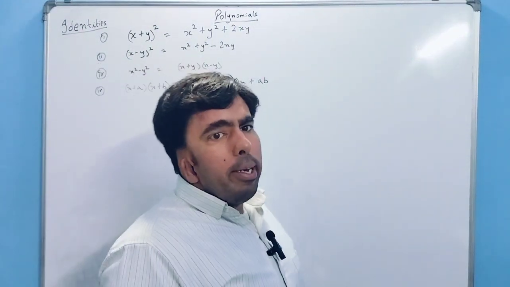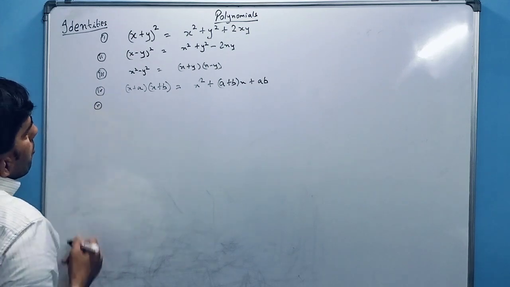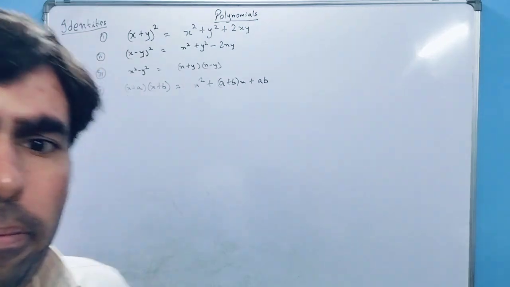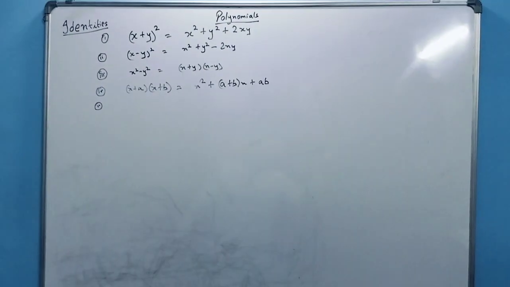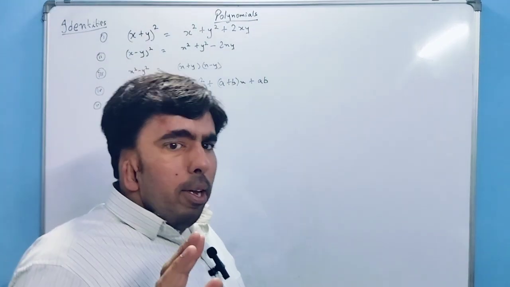Now we'll move to the fifth identity. We learned four identities.